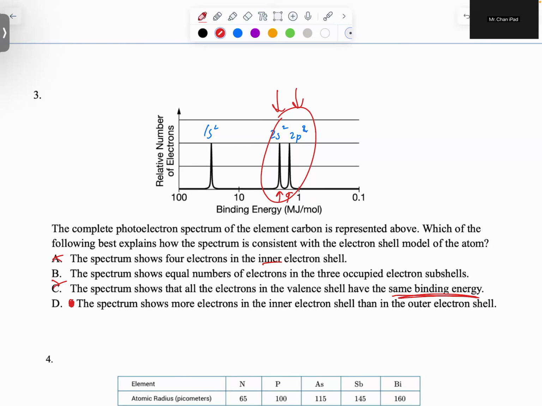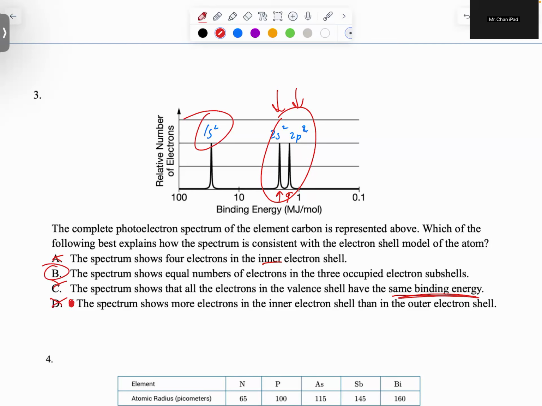So make sure you have a clear hierarchy of these terms. D, the spectrum shows more electrons in the inner energy shell, which is the first one, than the outer electron shell. That's not possible because the first shell has only 2 electrons, and the second shell has 4.